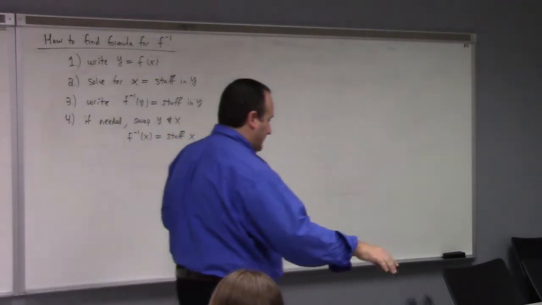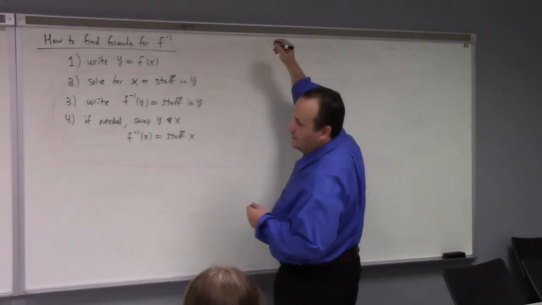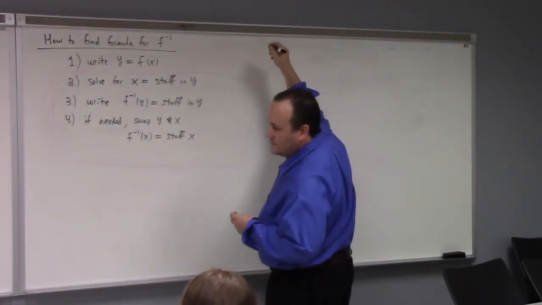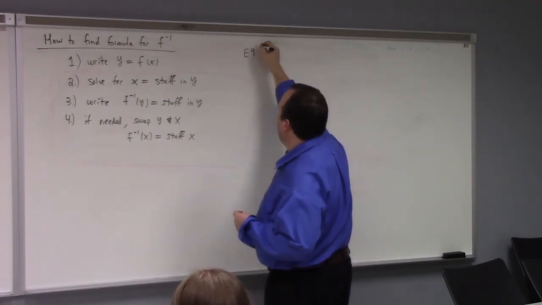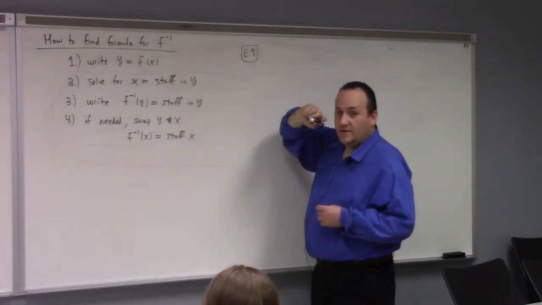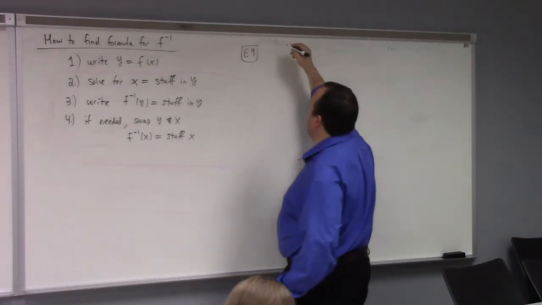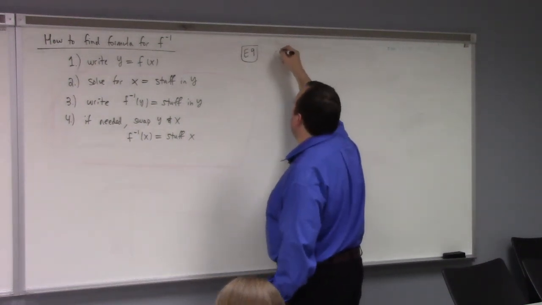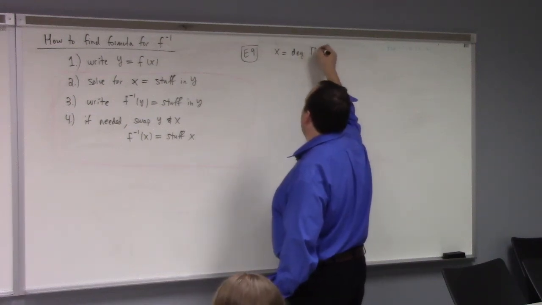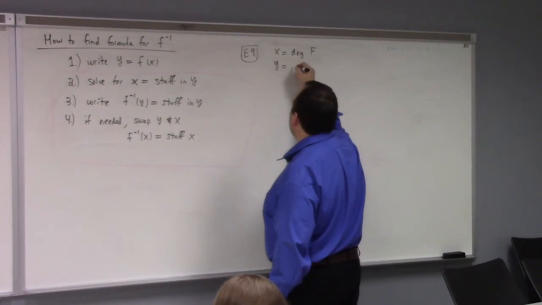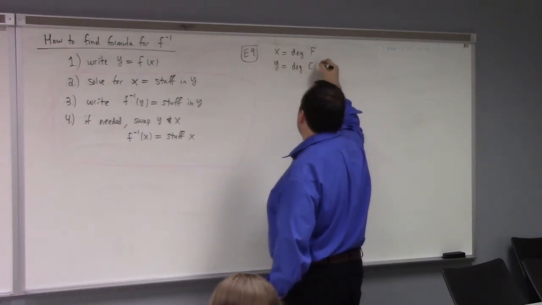So, example. We could have x equals degrees Fahrenheit, and we could have y equals degrees Celsius, right?